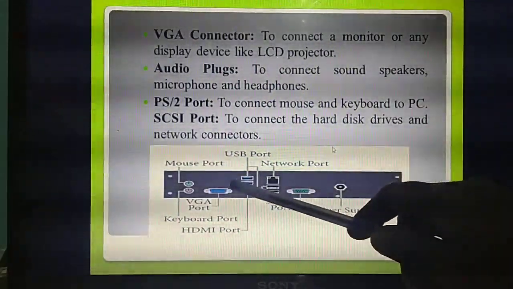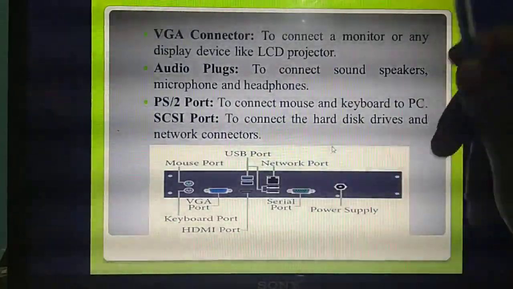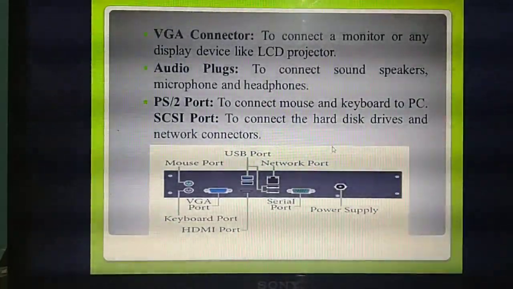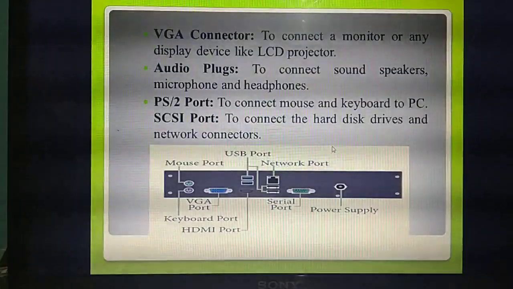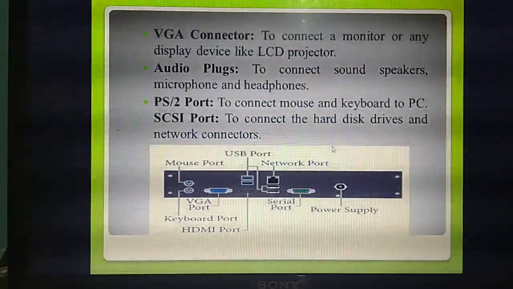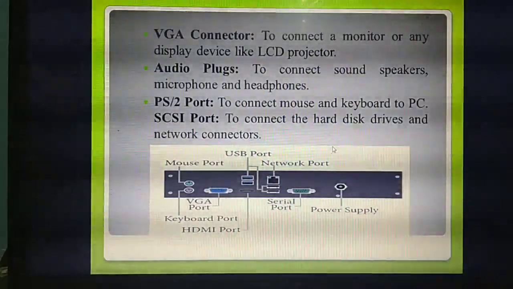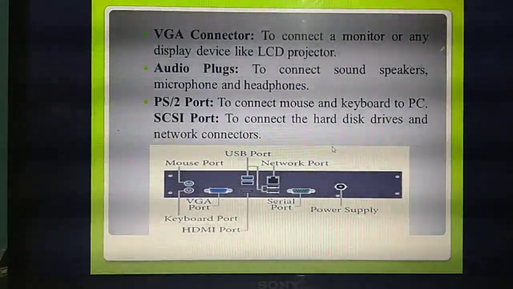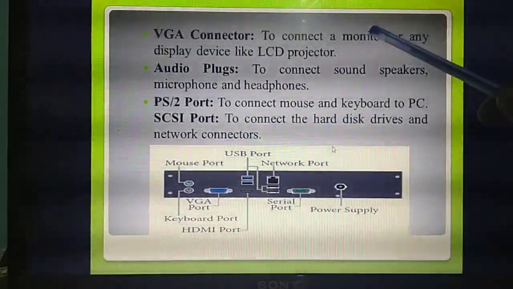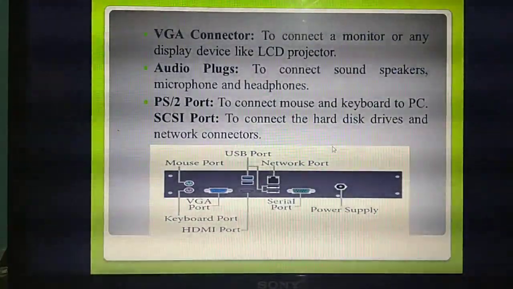So this VGA connector is used to connect display devices. What do you mean by display devices? What's the use of a projector? It is used to display particular screens. So this kind of connector is used to connect projectors.